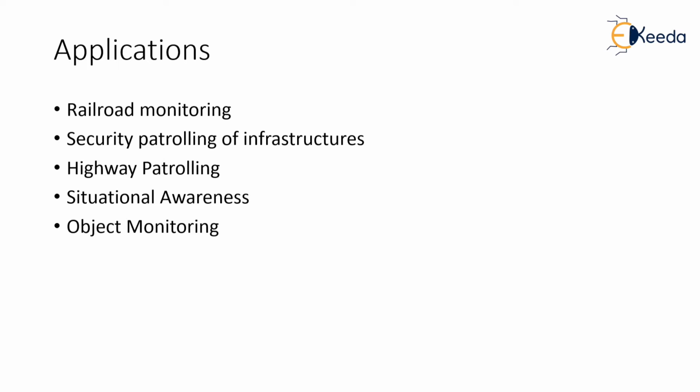This is the kind of use we have for situational awareness. And finally, object monitoring: as I said, trees, or various infrastructures, a lot of things. These applications are growing a lot as drone technologies keep advancing. You have carbon fiber frames, fixed wings, and VTOLs, so more and more applications are growing with the advancement in drones.